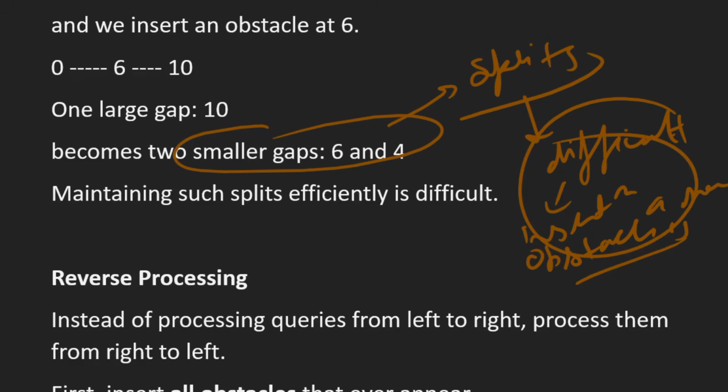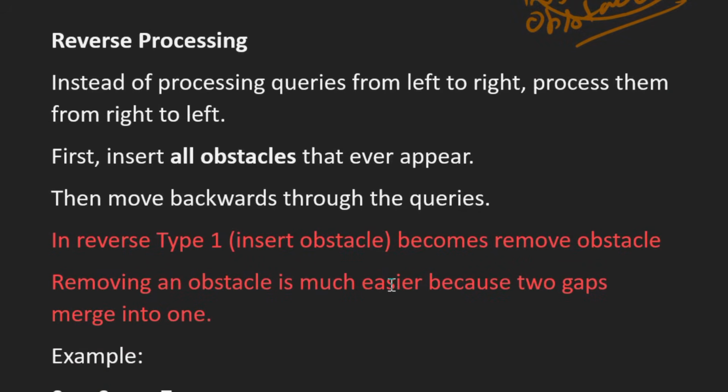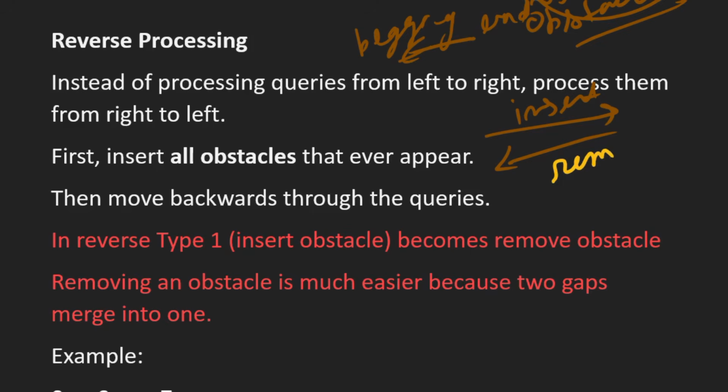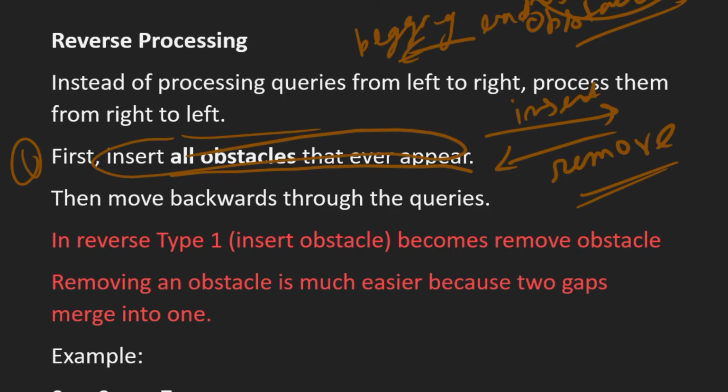So what we do is we reverse the queries, we process the queries from the end to the beginning. If from the front direction we have to insert, then from the back direction we need to remove an obstacle. Initially we insert all the obstacles that appear, putting all of them on the number line, and then start processing from the last.